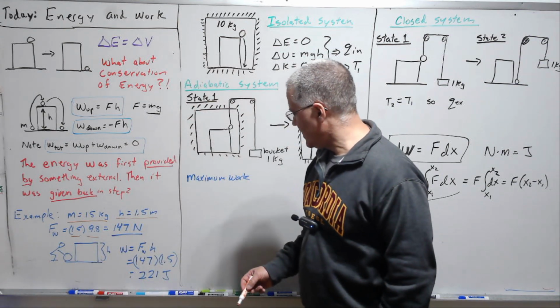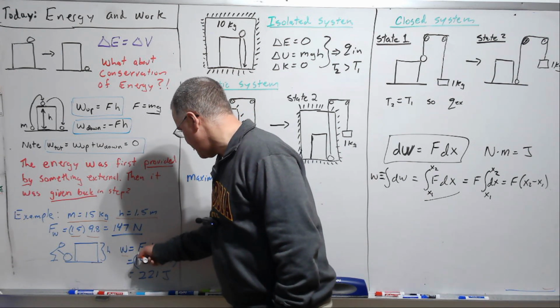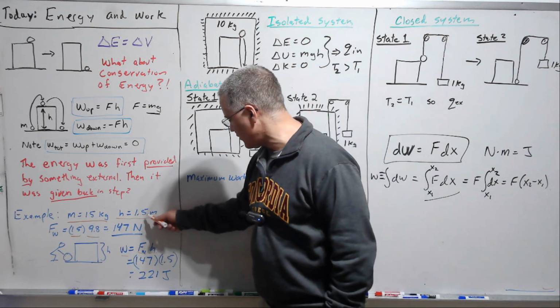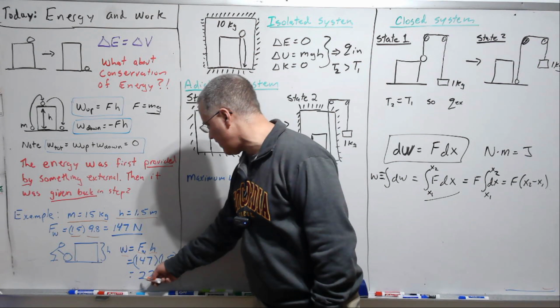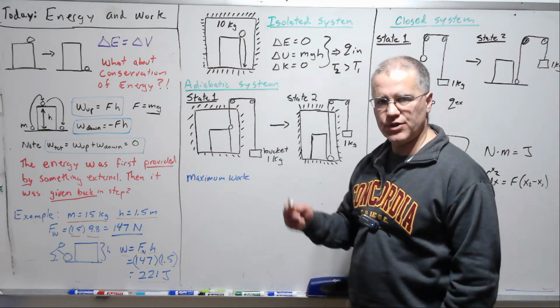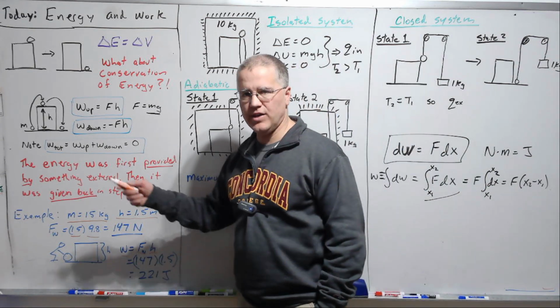All right. Now, the work then will be this external force times the height. Well, our height we said was 1.5 meters, so we're going to take the 147 newtons times 1.5, and we get 221 joules, or newton meters, joule. So there's an example of the work that we've done on the system.